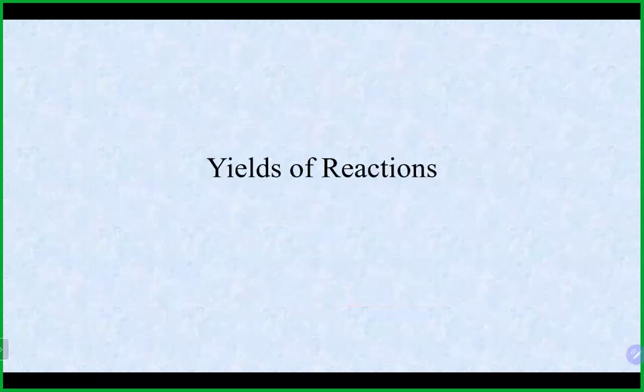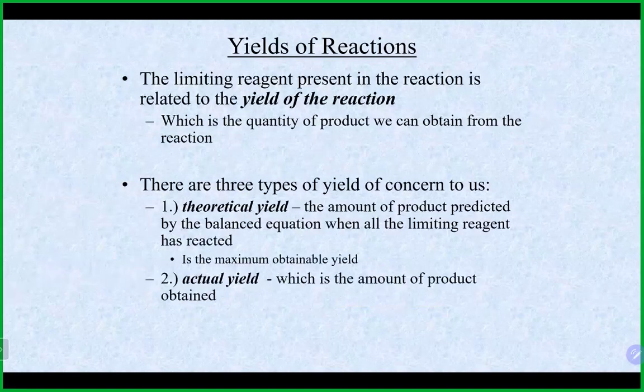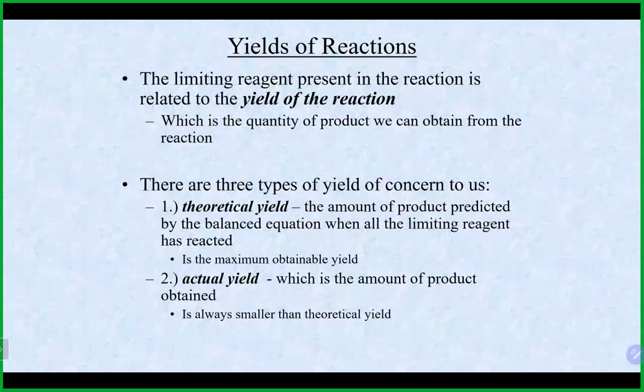So speaking of yields, there are three types of yields that we come across. And one is the theoretical yield. The theoretical yield is what we've been calculating. The theoretical yield is your maximum yield. It is based on the balanced equation and what you're starting with.